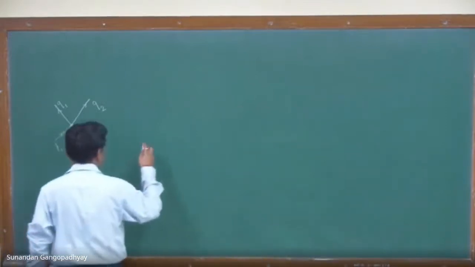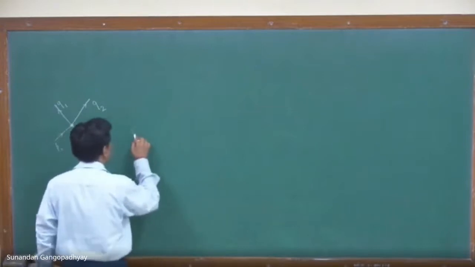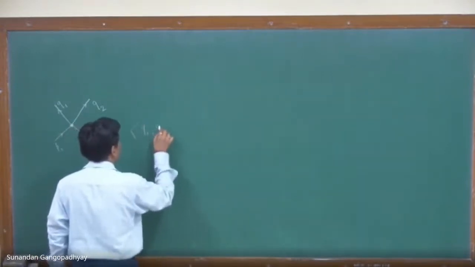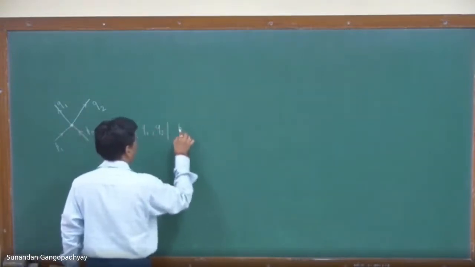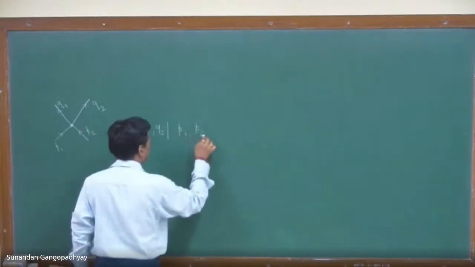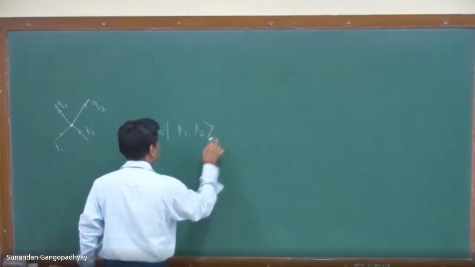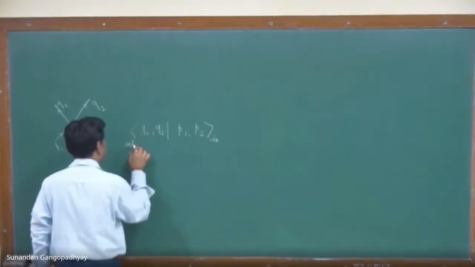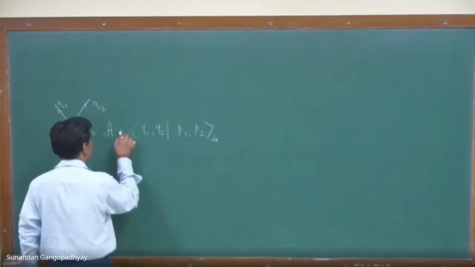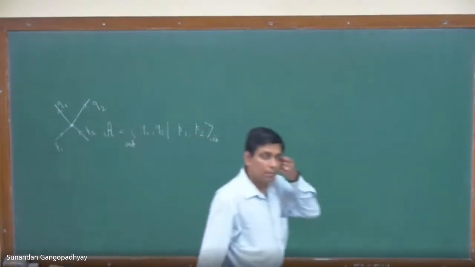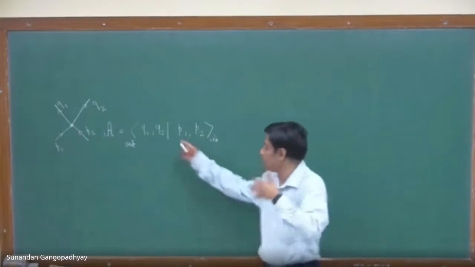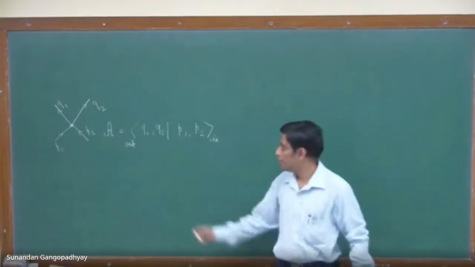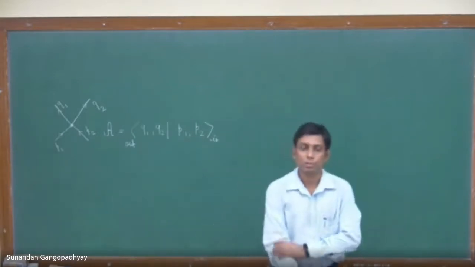So suppose let us start from two particles. What we want to calculate is the following. We want to calculate this, right? So in the in state, we have two particles, and the out state also contains two particles.